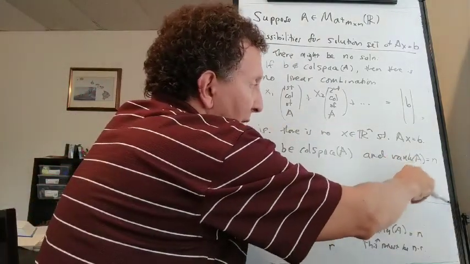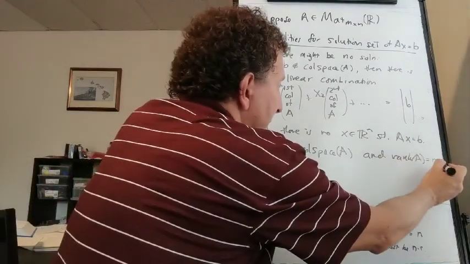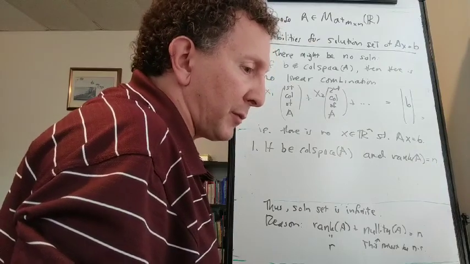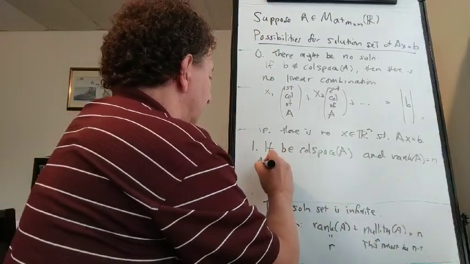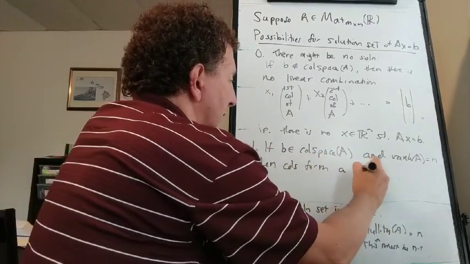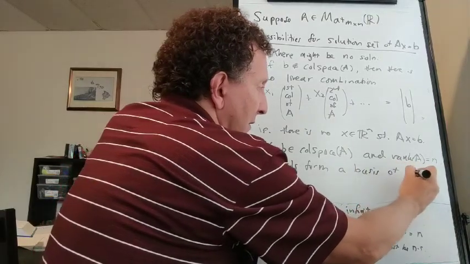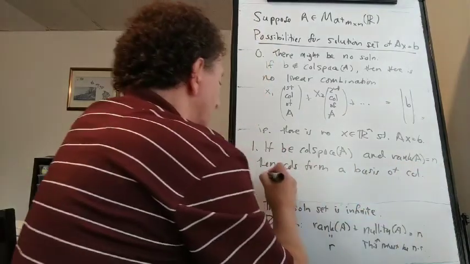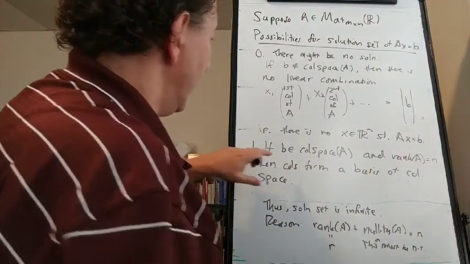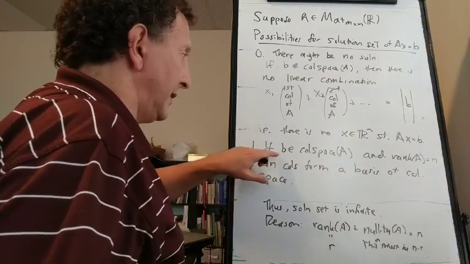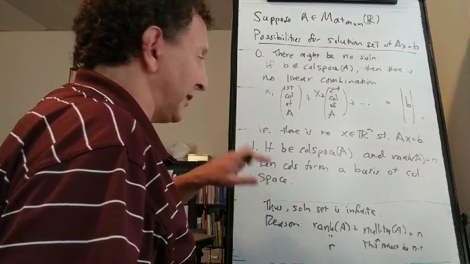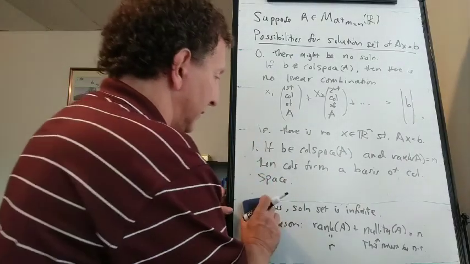If the rank happens to be equal to the number of columns, then the columns form a basis of the column space. And if b is in the column space, that is, if b is equal to a linear combination of the columns, and the columns form a basis, then that linear combination has to be unique.